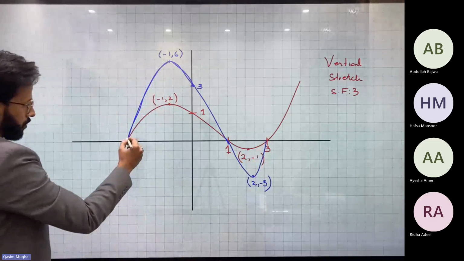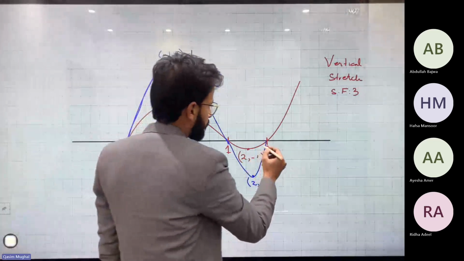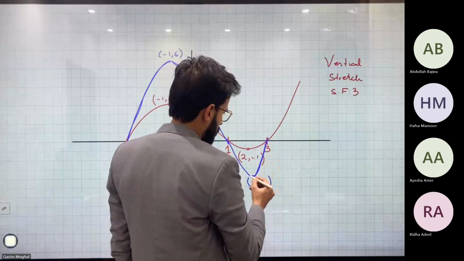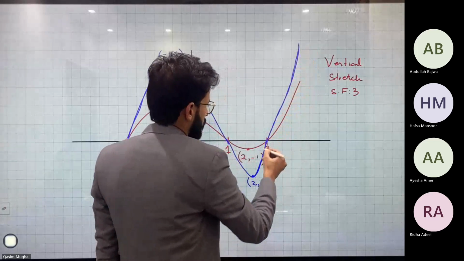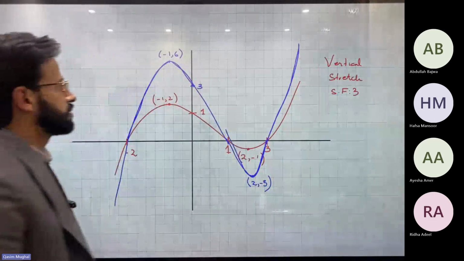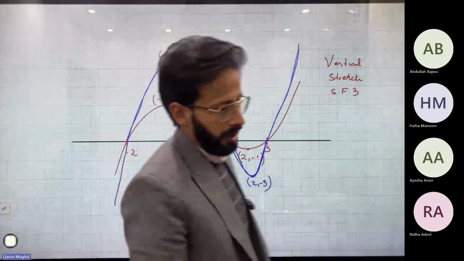There you go. I'm going to complete the graph like this. Okay. So this is how you're going to apply stretch.